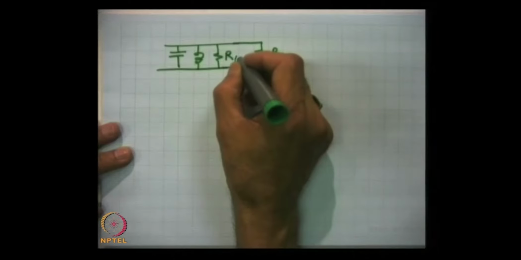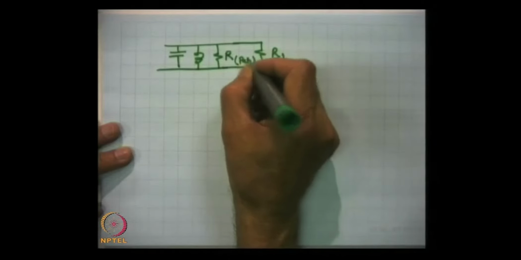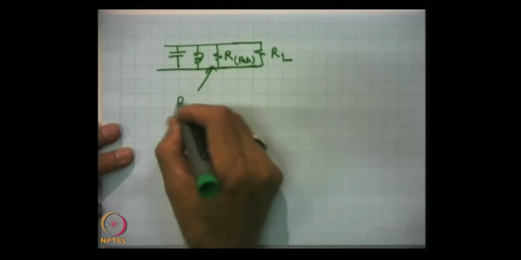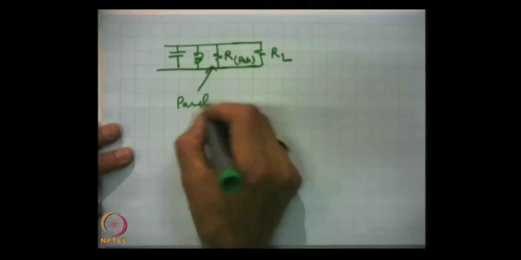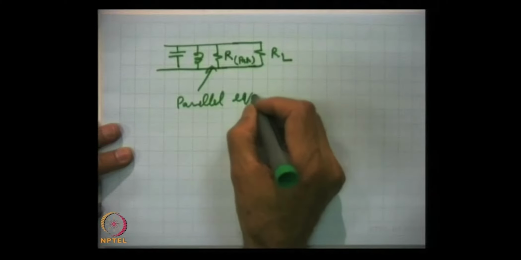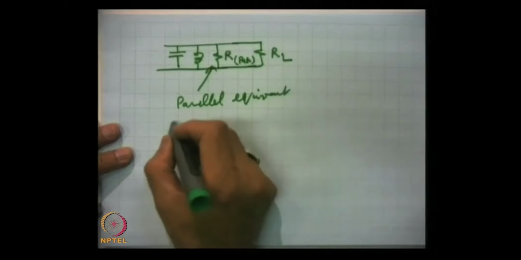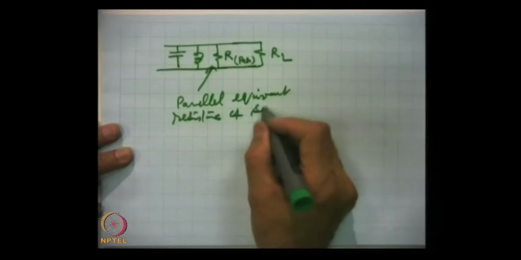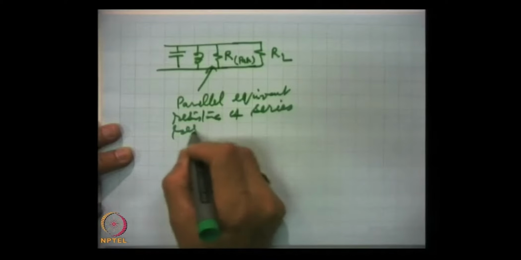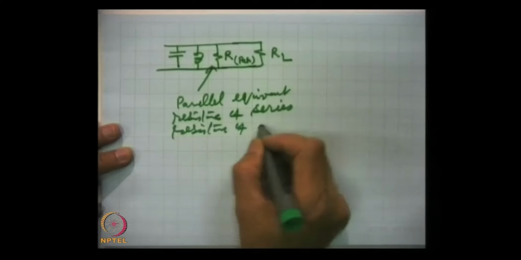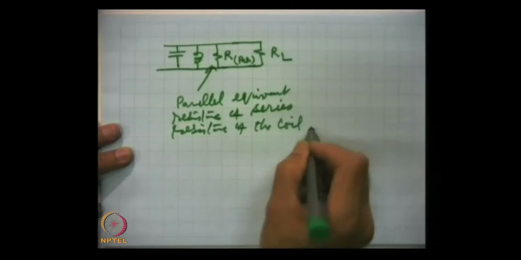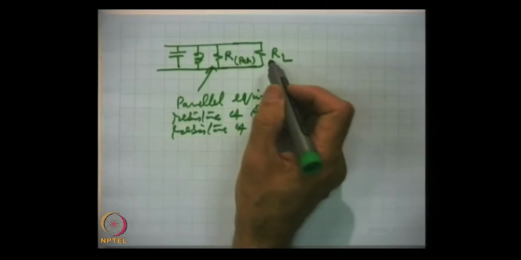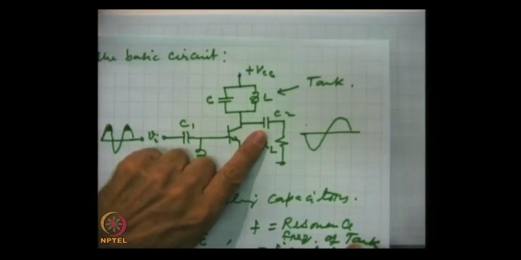So, we write R_PAR, this is the parallel equivalent resistance of the series resistance of the coil, and this is the load. When we do the AC analysis, then we have to take this as a short.